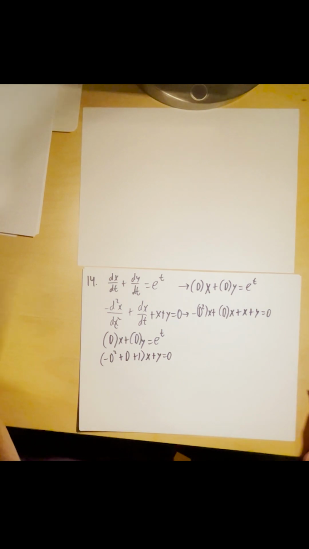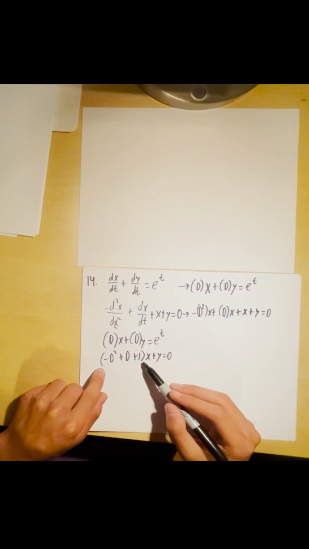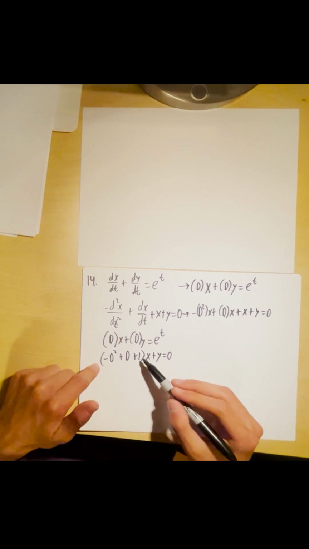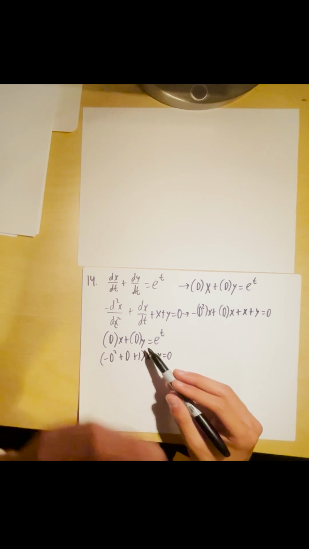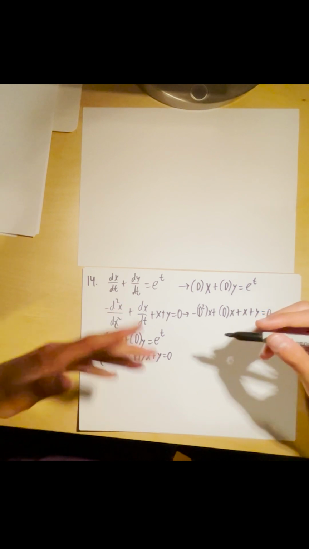So now we're going to eliminate, and I'm going to multiply the top equation by this differential operator, but I'm going to multiply that differential operator by negative 1, so that we can eliminate them.